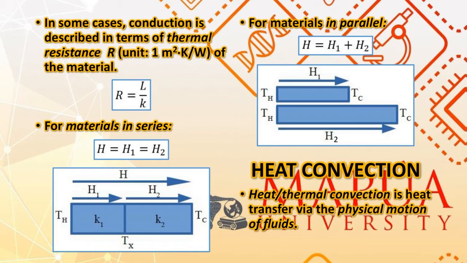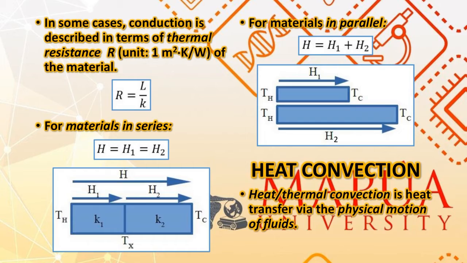H1 is the heat transfer rate in material 1 and H2 is heat transfer rate in material 2. On the other hand, for materials in parallel, the materials are layered one on top of the other, and the heat transfer rates add up. H is equal to H1 plus H2.